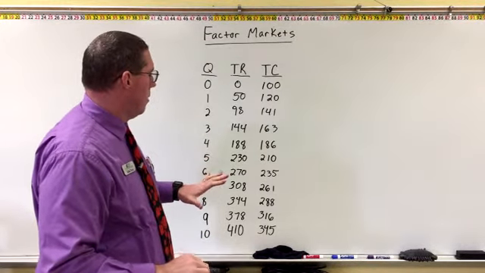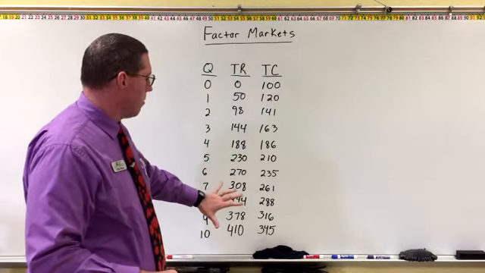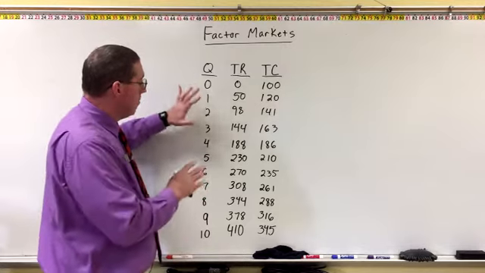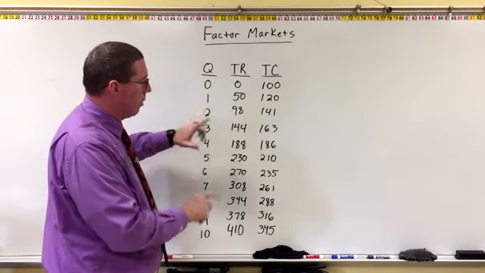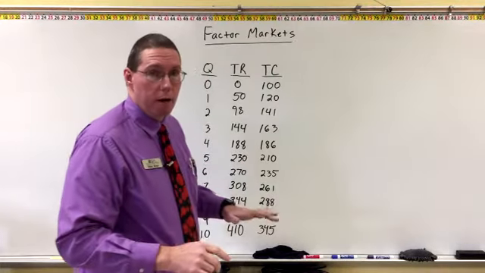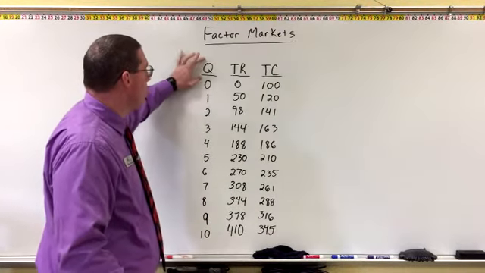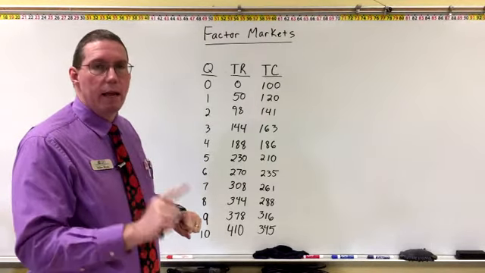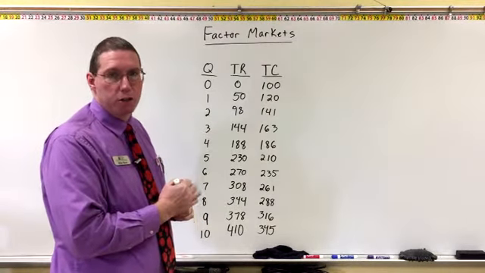Mathematically, when we have been doing this, this is mostly related to a product market, not a labor market. The reason is that this quantity is a quantity of a product. It is not a quantity of a factor of production.